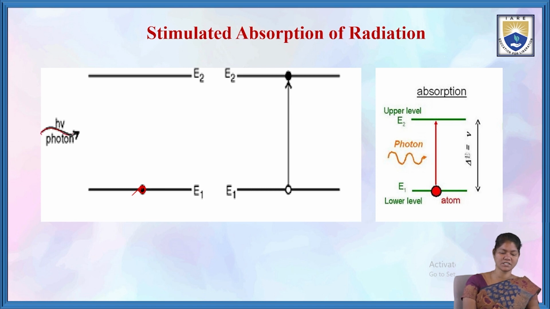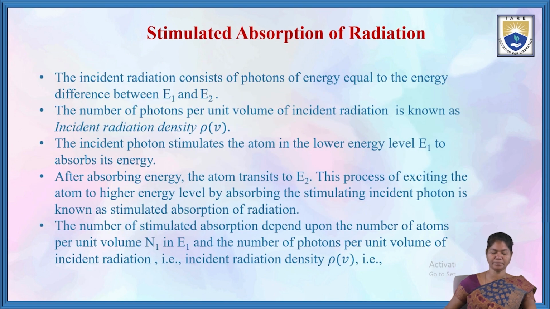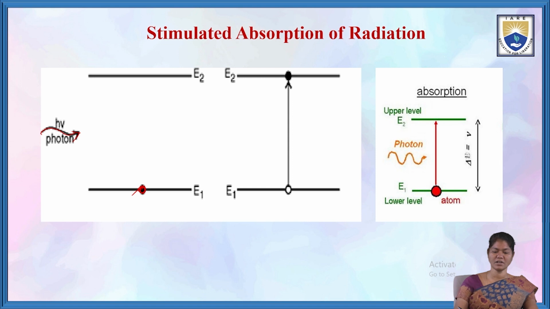When the photon is going to hit the atom which is in the lower energy state, because of the interaction of the incident photon, this atom gains energy, so it is excited to the higher energy state E2.